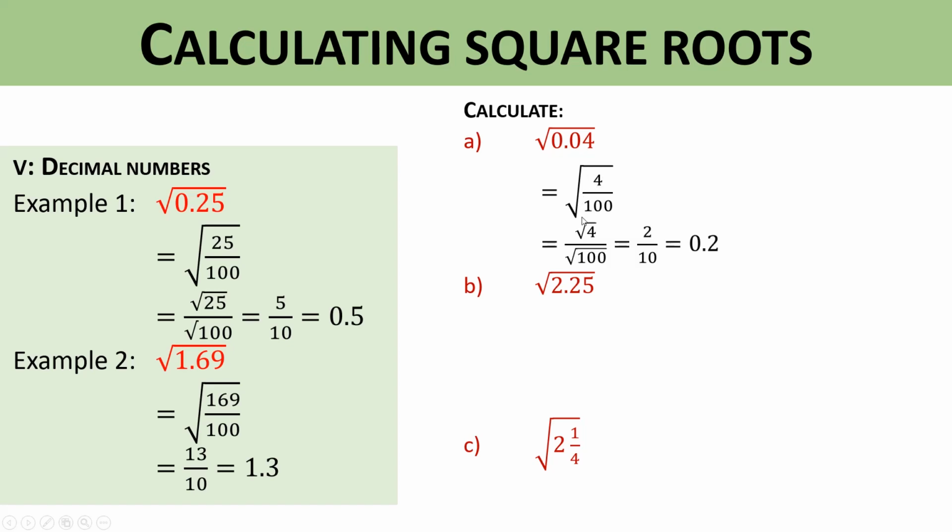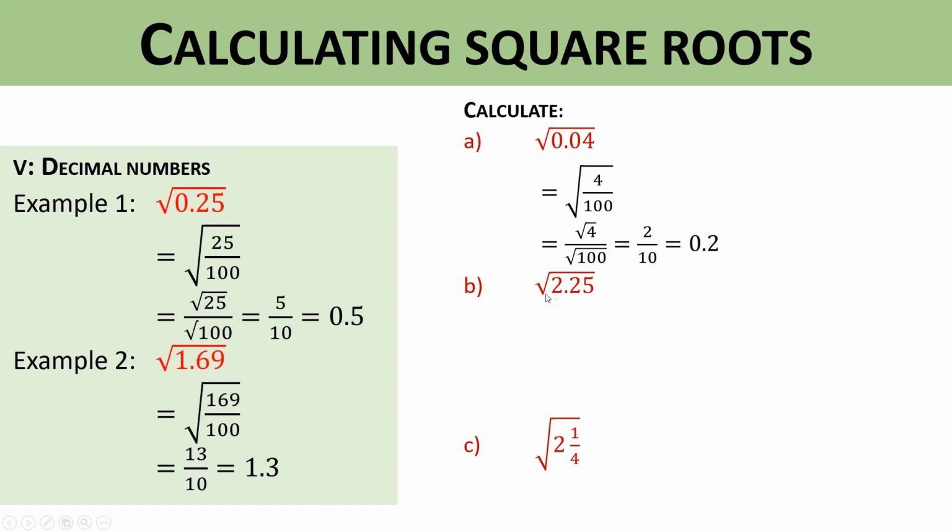So we can rewrite this as the square root of 4 over the square root of 100, because these two expressions are always equivalent. And then I can take these square roots, of course. Square root of 4 is 2, square root of 100 is 10, and 2 divided by 10 is 0.2, or 1 over 5, whichever you prefer.